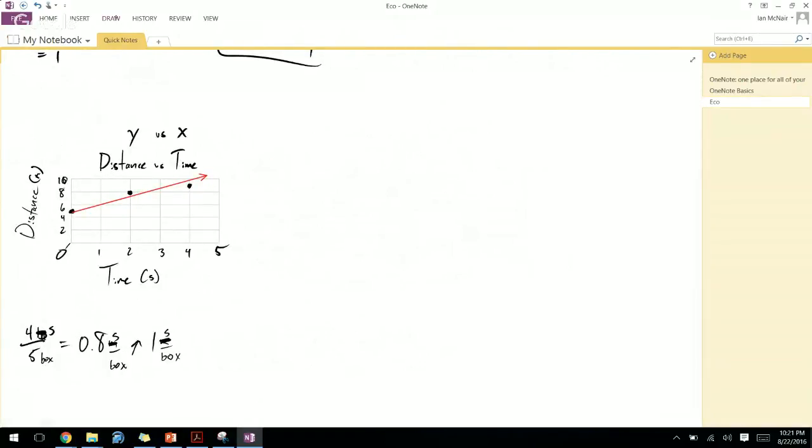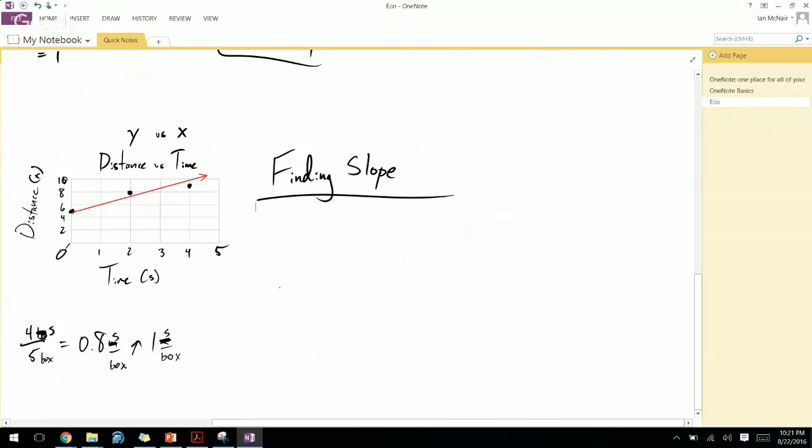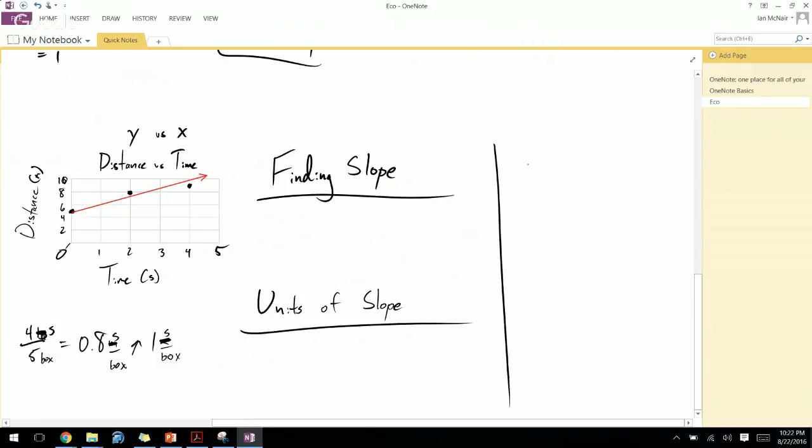We're going to talk about finding your slope, talk about units of the slope, then what the slope means, and lastly, using your line equation. Right, so again, you're not getting too much past Algebra 1 skills right here.